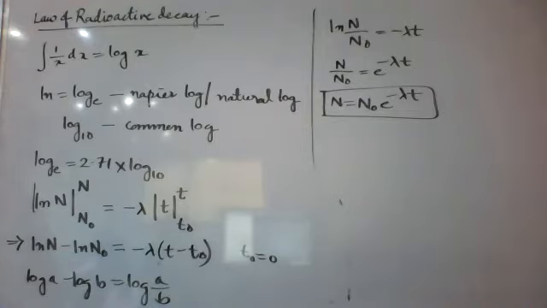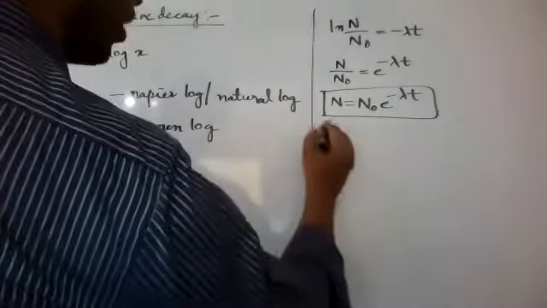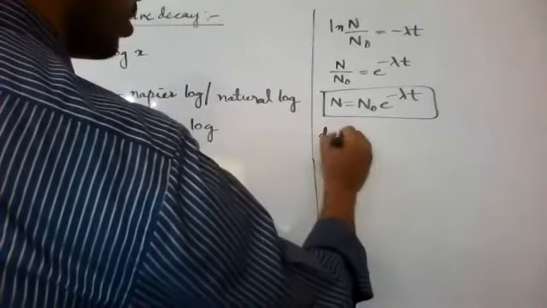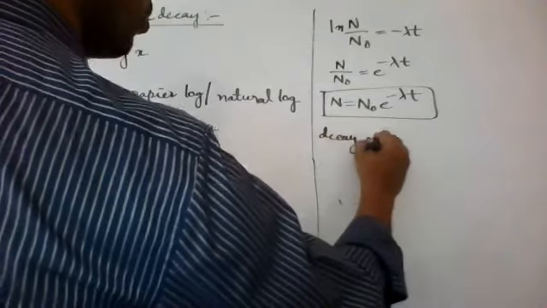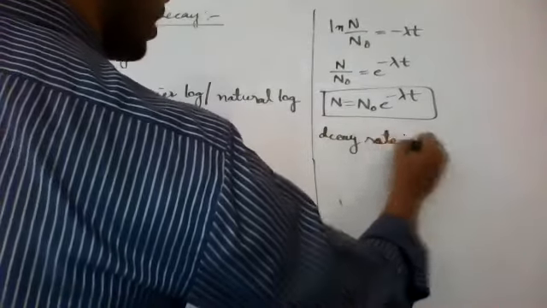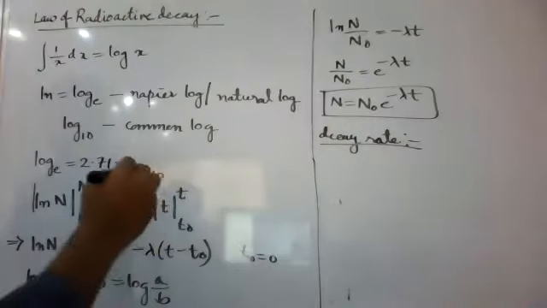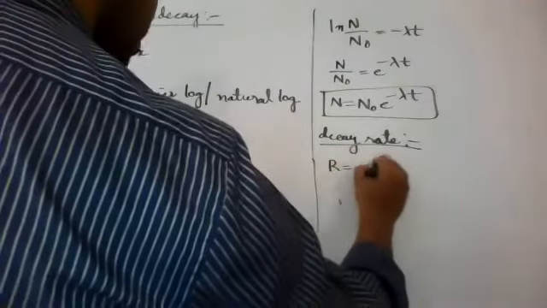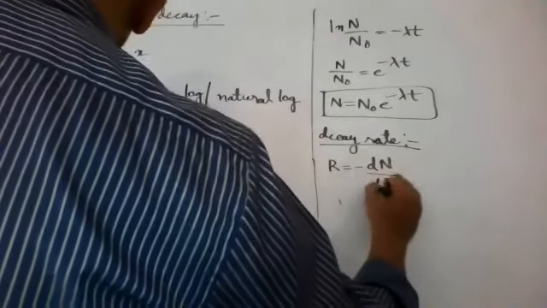This is the number of atoms. If I want to find out the total decay rate, that is, at what rate the nucleus will decay, the decay rate is given by R equal to minus dN by dt.